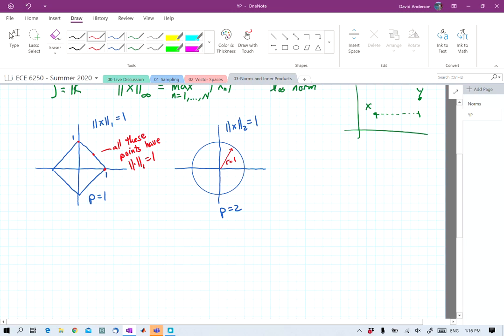So when we get to the L infinity norm, here we have p equal to infinity, and the infinity norm is equal to 1.